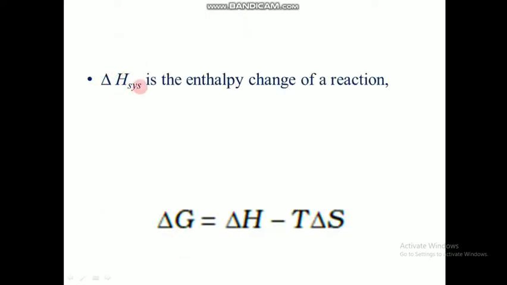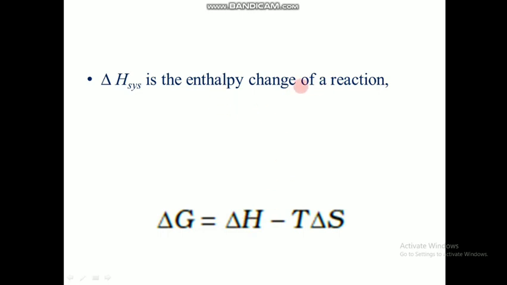So in this term, delta H system is the enthalpy change of the reaction, and if this is the enthalpy change of the reaction, then delta G is the energy which is actually used. So what will be T delta S? T delta S is the energy which is not used. So delta G is the energy used.